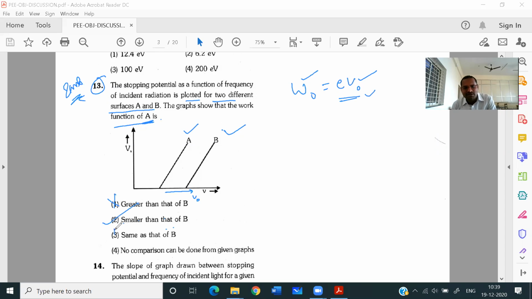Work function of A is smaller than that of B because its stopping potential is less. Stopping potential is the minimum potential required to stop the electrons from coming out. Stopping potential depends upon work function, direct proportionality. So option 2 is the right answer. Got it?